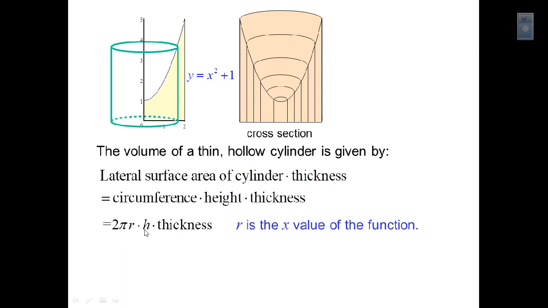And your height is just whatever the y value is for that x value. So that's going to be this right here, x squared plus 1. And the thickness, of course, is the width of your slice that you're taking there, which is going to be dx in this case.